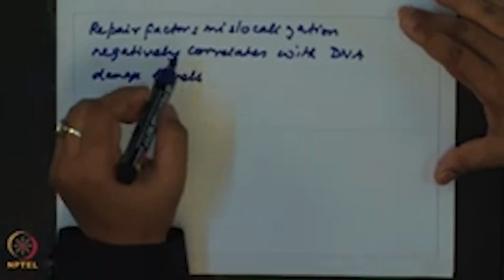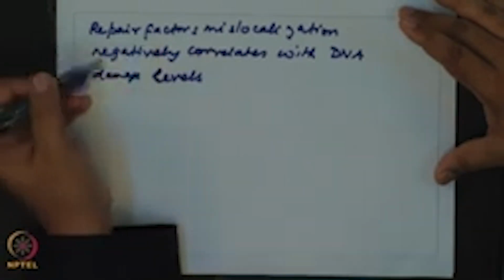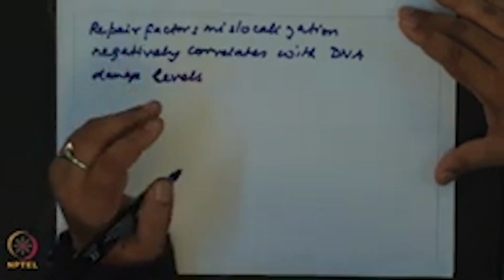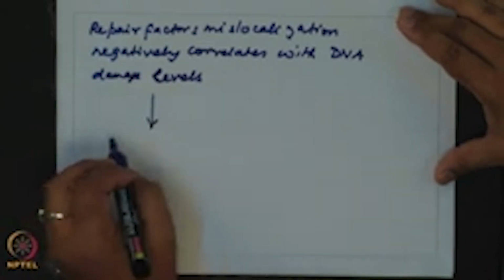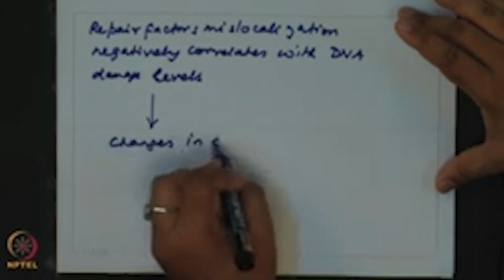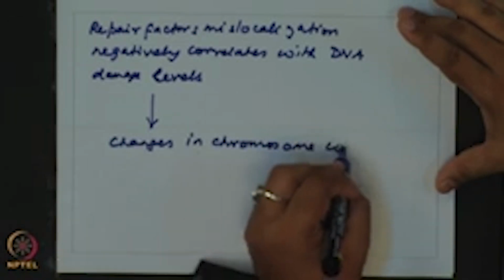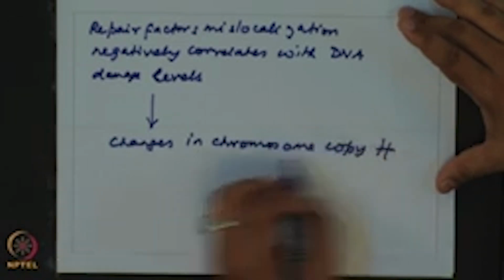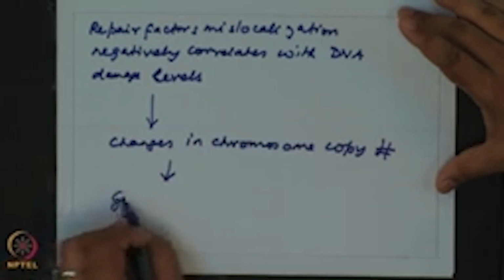So, more mislocalization, and you would find that the number of foci will increase, and these changes led to changes in chromosome copy number, and eventually led to genomic heterogeneity.